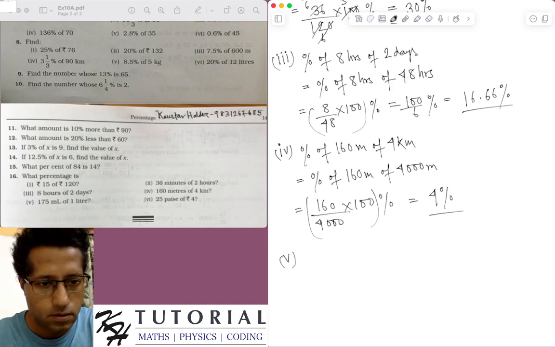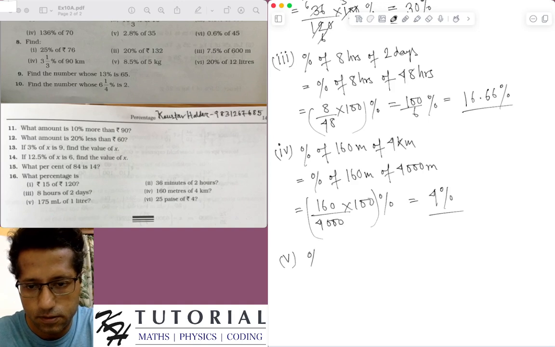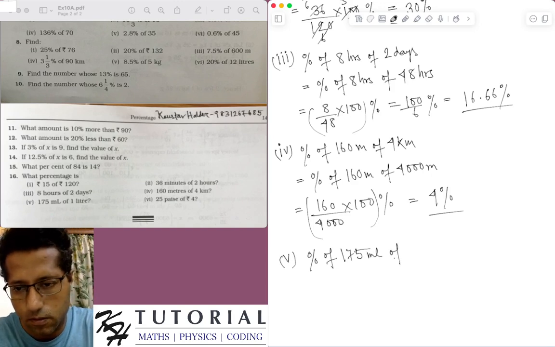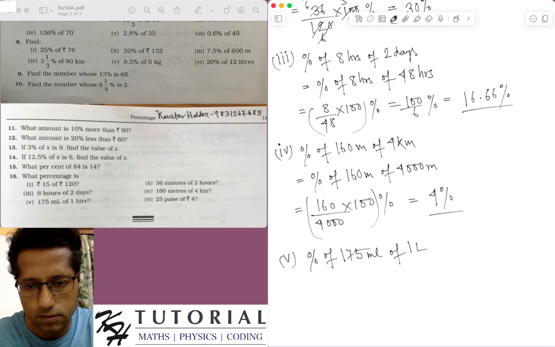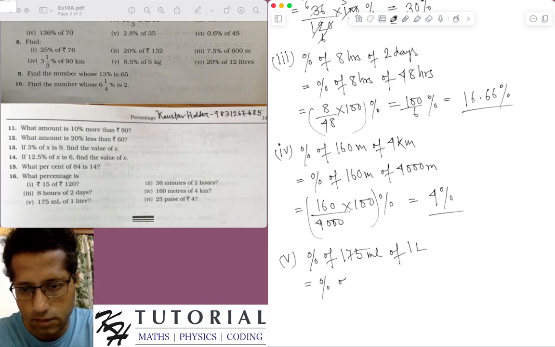Part 5 is percentage of 175 ml of 1 liter. We have to convert the liter to ml. So this is asking the percentage of 175 ml of 1000 ml.